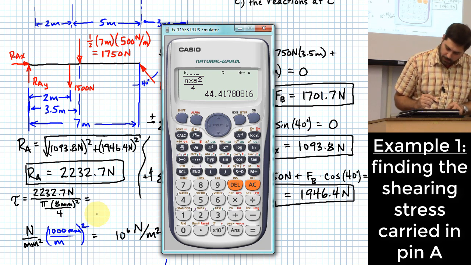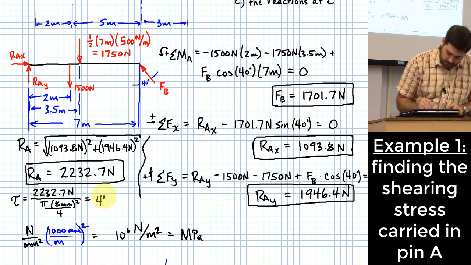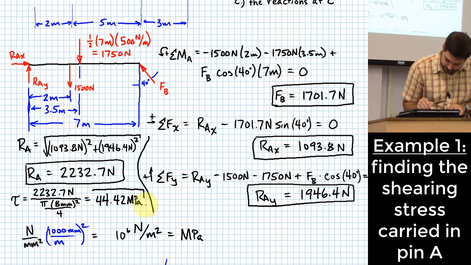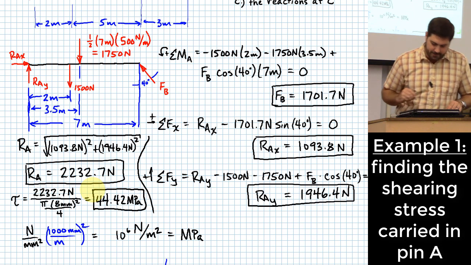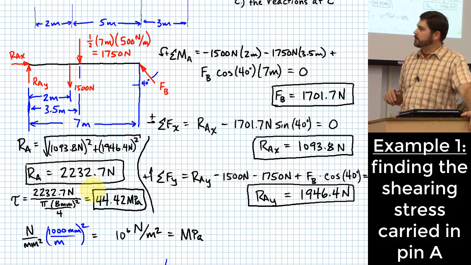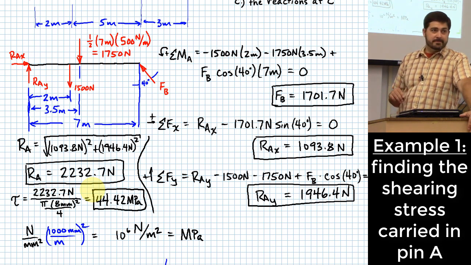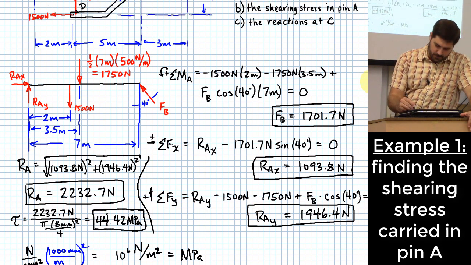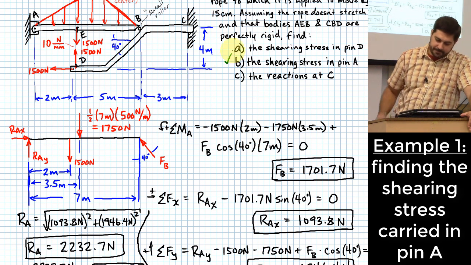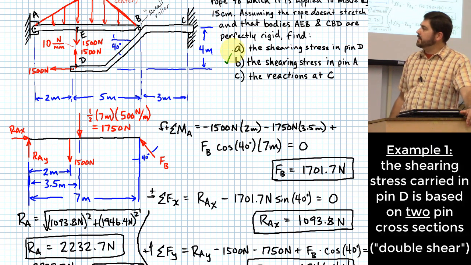Okay, 44.42 MPa. Wonderful. So we just answered part B. We started going a little bit out of order there, didn't we? We just answered part B. Shearing stress in pin A.